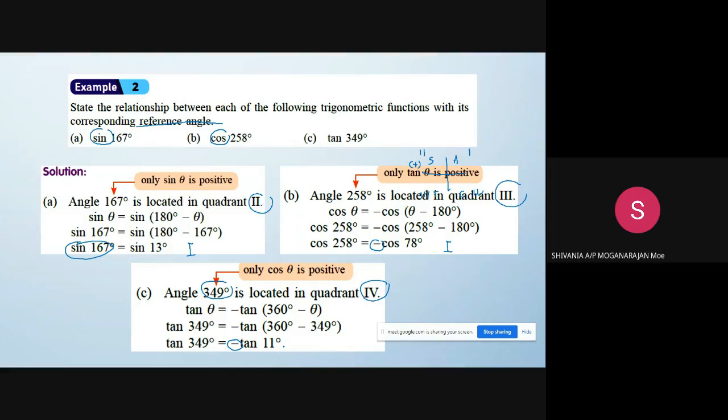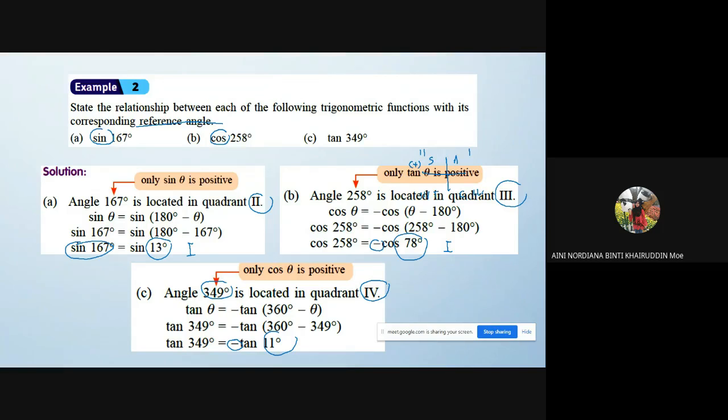Ada cikgu. Okay, reference angle ni maksudnya you cari yang sama at quadrant 1. Okay, so this is in quadrant 1. I don't understand C. Yang ni ke maksudnya? Okay. Tangent, kalau you tekan calculator, tangent 349, you akan dapat negatif.